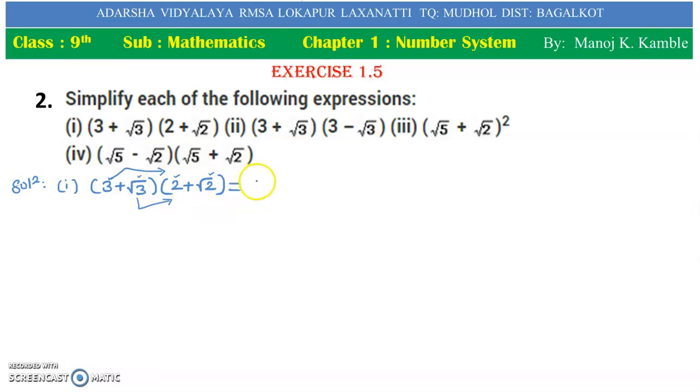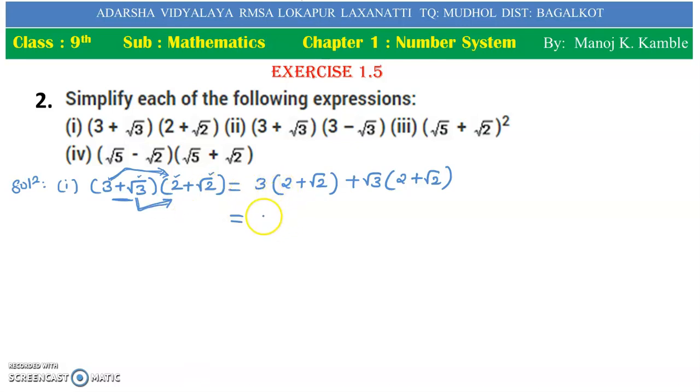Here first 3 into the total bracket, that is 2 plus root 2, complete first, and next plus root 3 into the total bracket 2 plus root 2. Okay, point clear? The first term into the total bracket, and the second term into the total bracket.